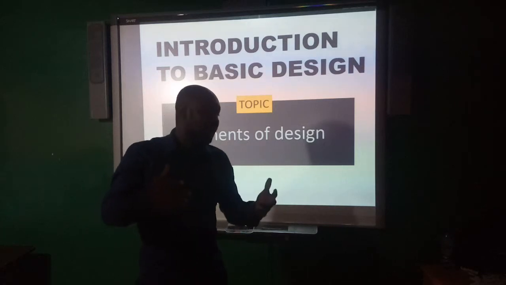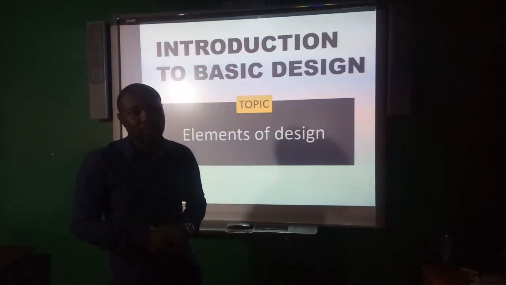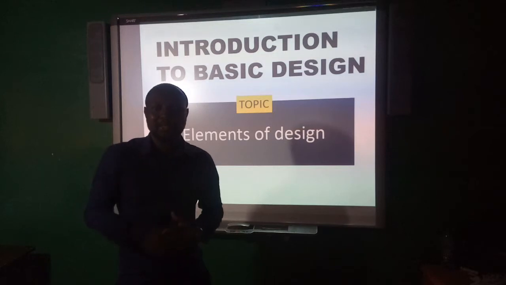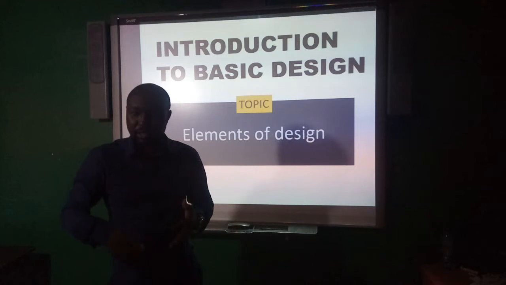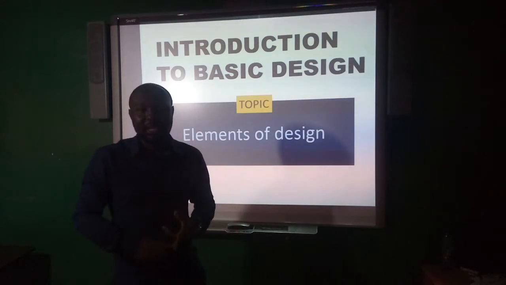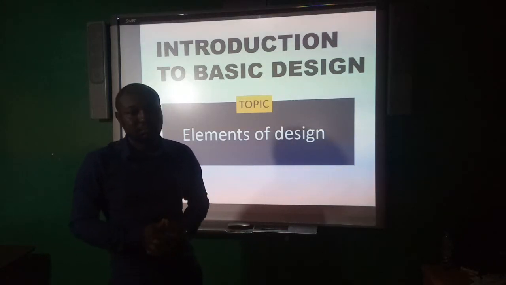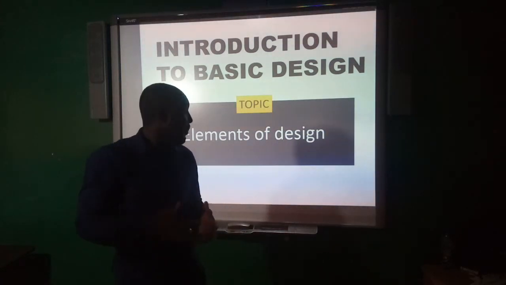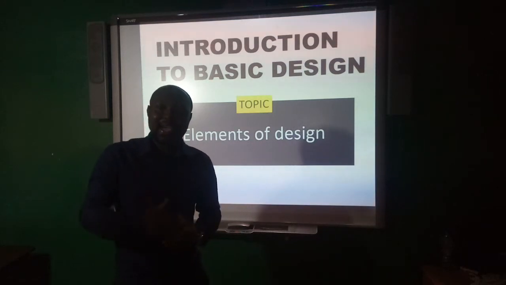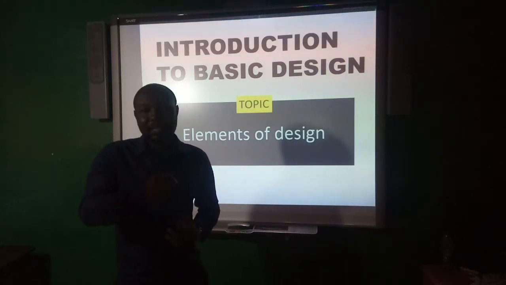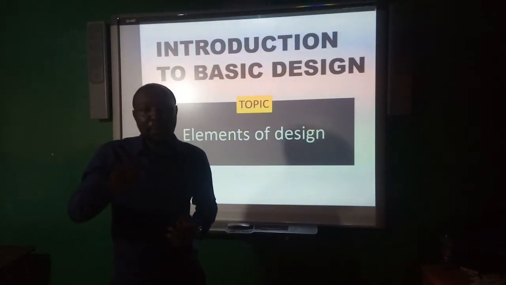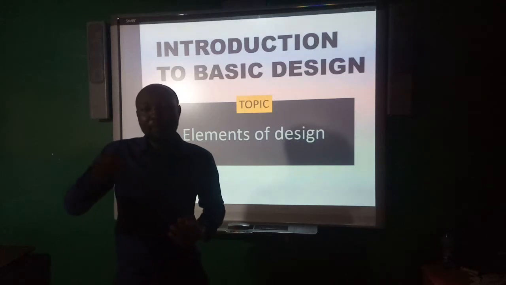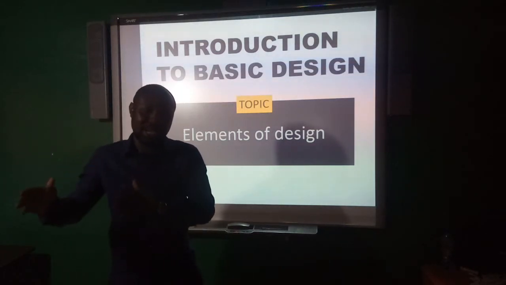So what were some of the elements of design we discussed? We spoke about line as an element of design. We spoke about shape, form, texture, volume, mass, and the rest. We made mention that line is a mark of a moving point, of a moving tool from one point to the other.